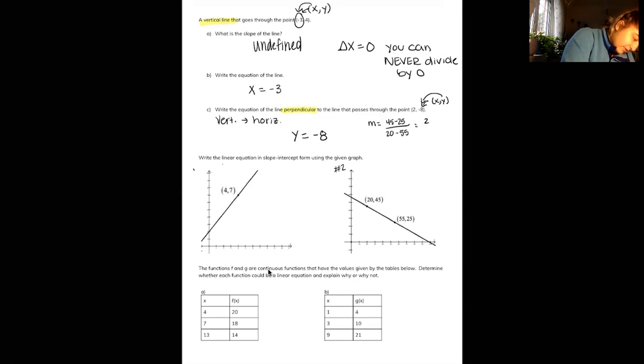Right, so that gives me 20 over -35. And we know our slope is negative because this line is going down, right? It would be weird if we got a positive slope, you know you'd have a math error. Okay, so then I'm going to plug in any point. So I'm going to do the second point.